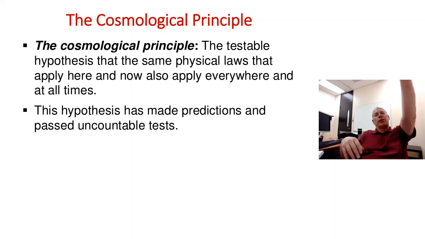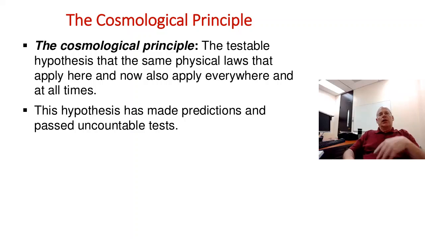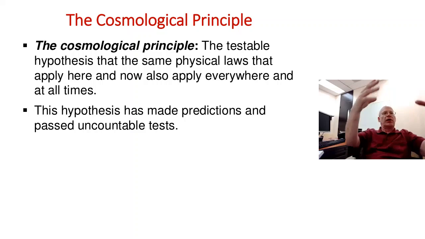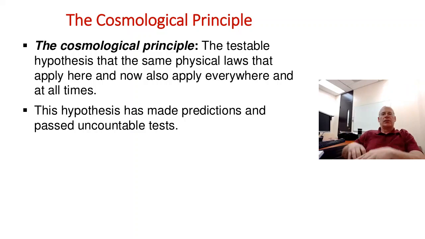The same thing would happen on the most distant planet. The formulation we're going to come up with for gravity is the same out there as here. It doesn't mean the conditions are obviously going to be different, but the physics that cause those conditions will be the same. The physics does not change depending on where you are in at least our universe.